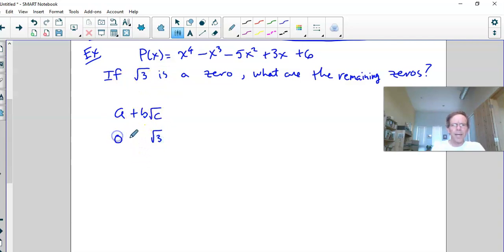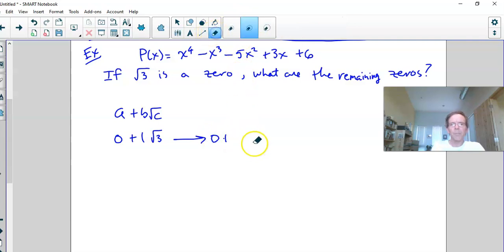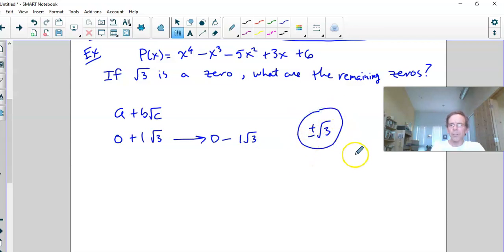I imagine that the a must be 0 and the b must be 1. And the theorem says that the conjugate of this should also be a zero, which is 0, not plus, it'd be minus. There we go. 0 minus the 1 square root of 3. So we have plus and minus square root of 3 as zeros.